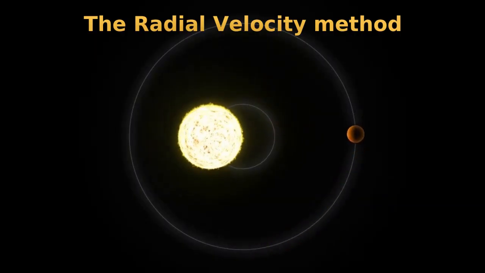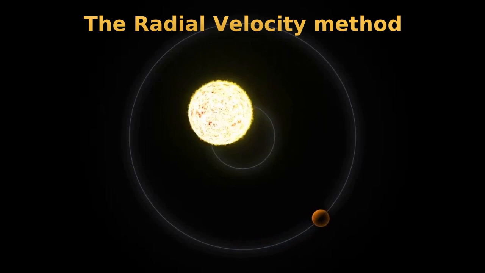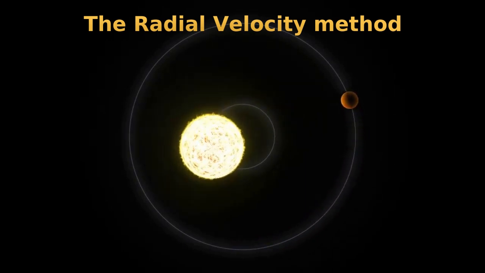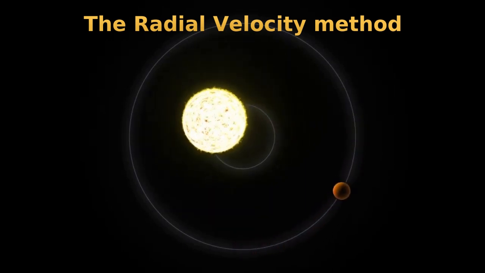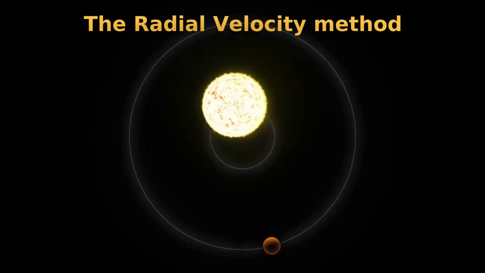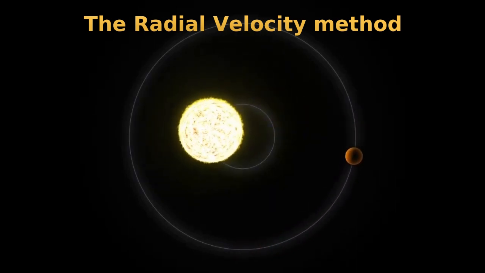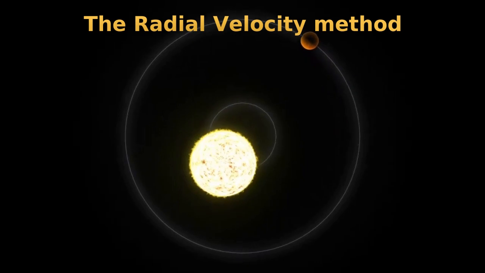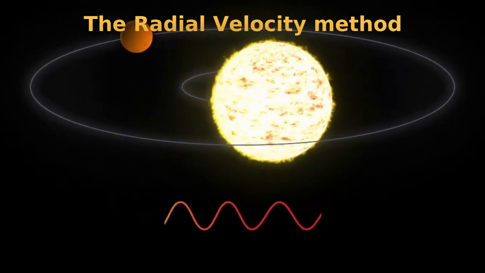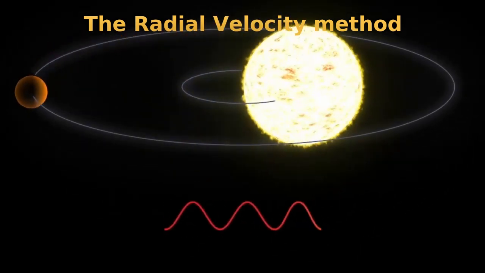Thus, a planet doesn't exactly orbit its star. What really happens is that the two bodies, or whatever many there are in the system, orbit their mutual center of mass. Because of this effect, it is possible to observe the radial, or line of sight, back and forth motion of the star with respect to us, the observer.